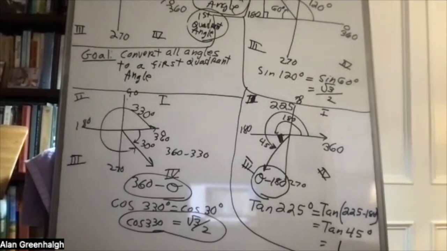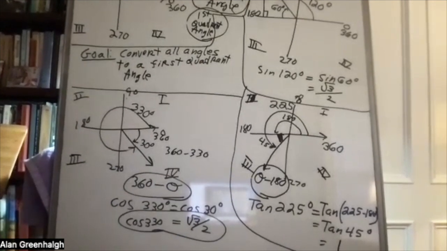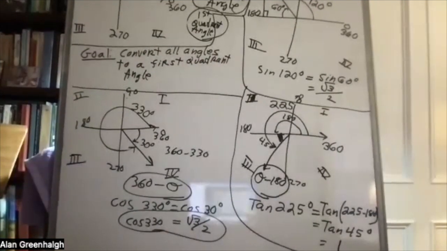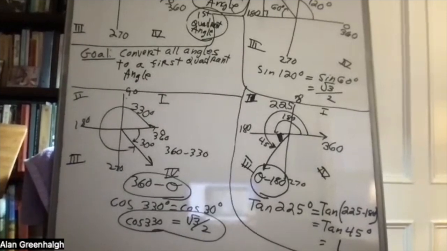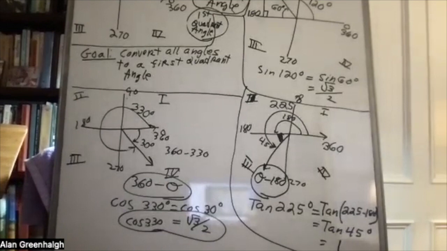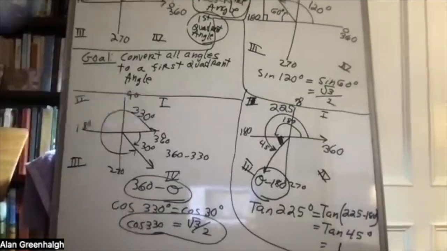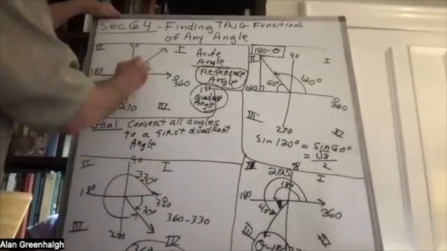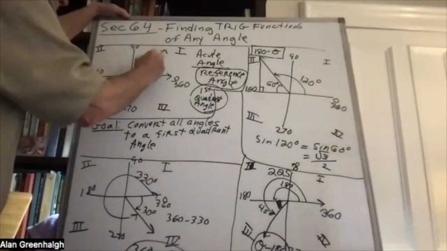Now, there's another consideration. It's not only a question of converting the angle into a first quadrant angle, it's also important that we know whether the value is going to be either positive or negative. So let's go back to the first quadrant. You take an angle.